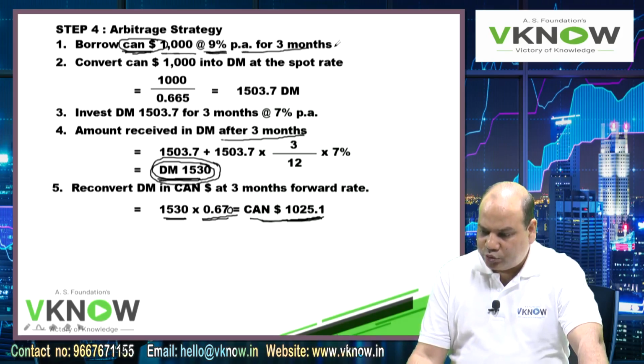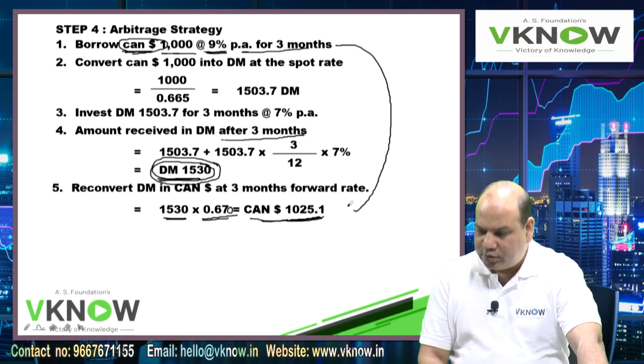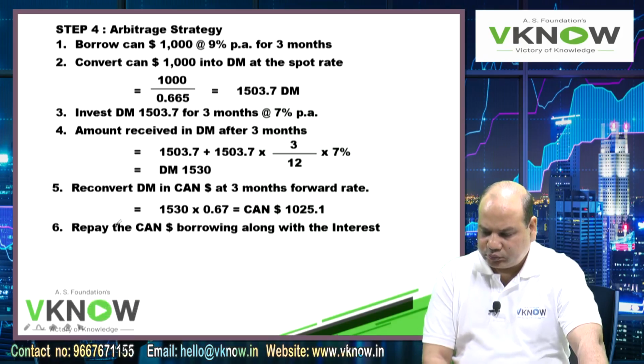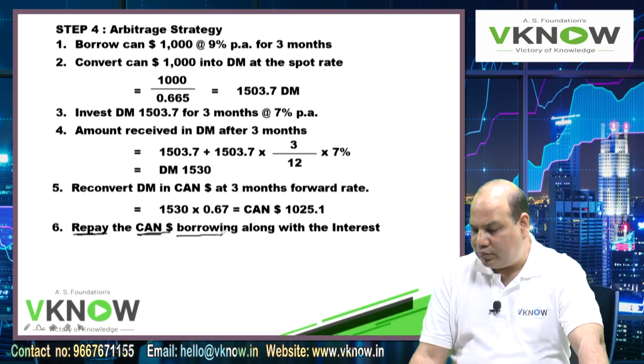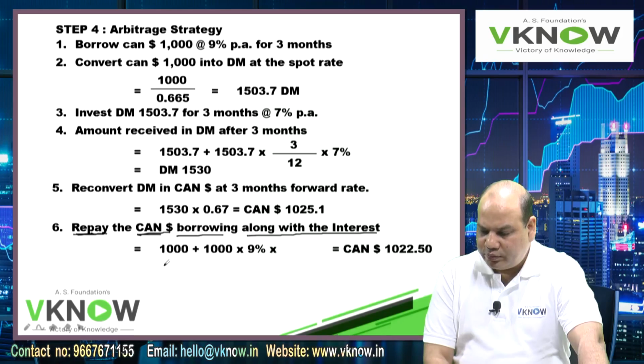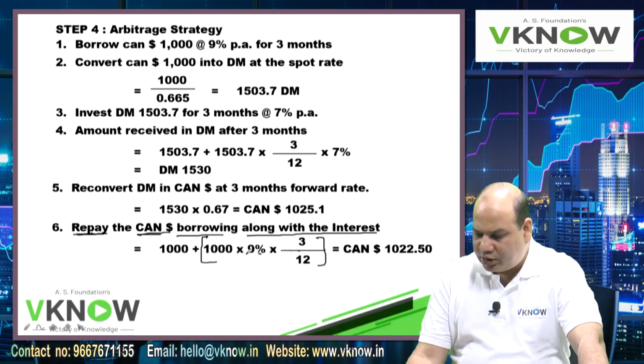You have borrowed 1000 Canadian dollar at 9% for 3 months. So now you have to repay this out of this amount, and if there is any positive difference, that is your arbitrage gain. So step number 6, I will write: repay the Canadian dollar borrowing along with the interest. Borrowed 1000 plus interest for 3 months: principal, rate, time. Simple interest I have calculated, nothing is mentioned.